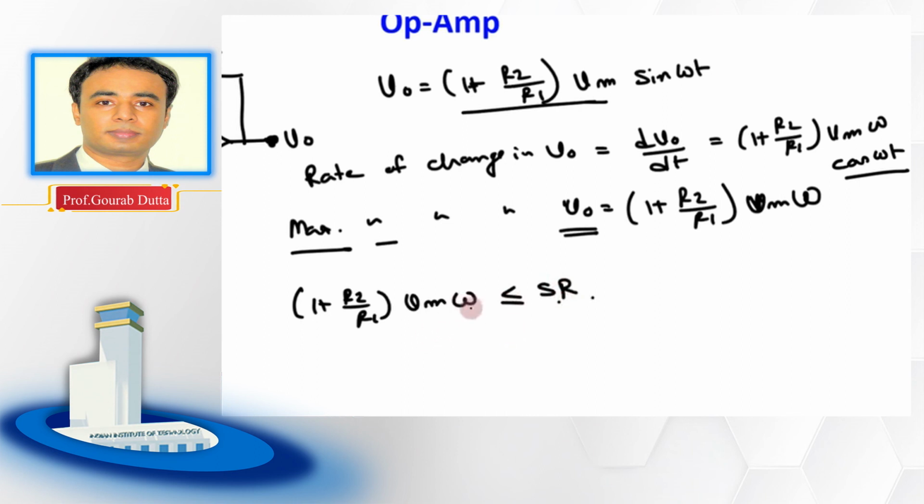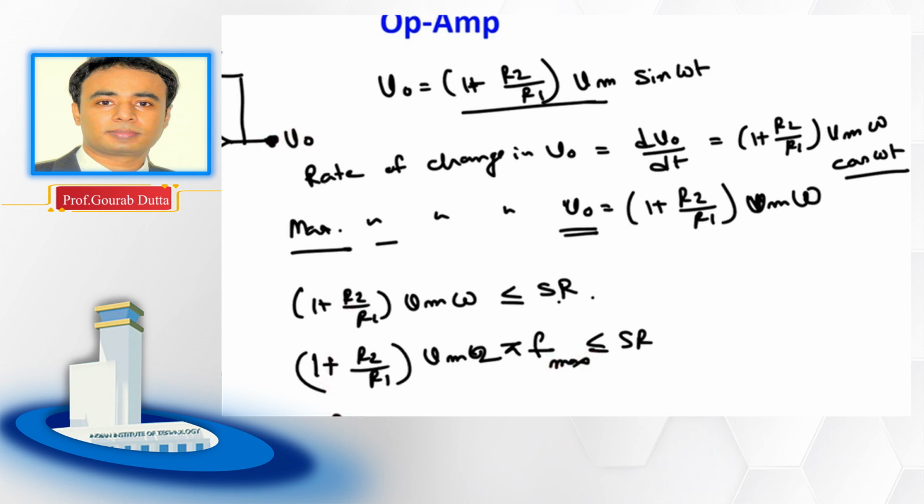Okay, what is this omega? Omega is the angular frequency, which we can also write in terms of 2 pi f. So it is 1 plus R2 by R1 Vm. This we can write 2 pi f. This is less than the slew rate. Now what is this f? This f is the maximum frequency that is possible for this case, so that you will not face any distortion at this output.